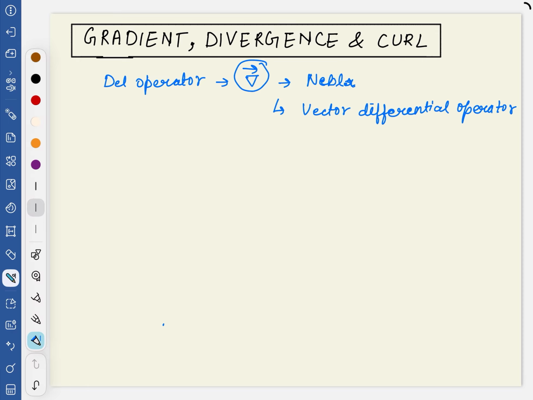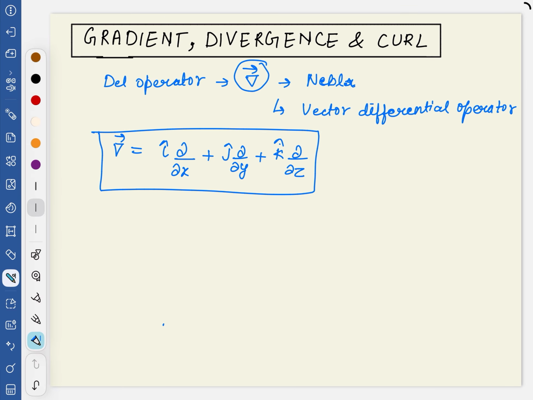This is not a vector quantity, it is a vector differential operator. And we define del by i cap ∂/∂x plus j cap ∂/∂y plus k cap ∂/∂z. Here, i cap, j cap, k cap are the unit vectors.